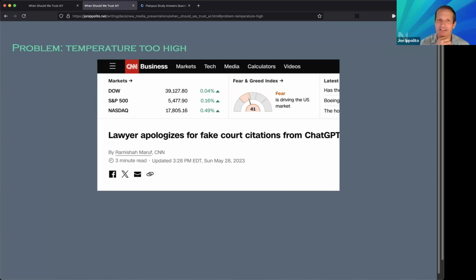It came up with 960. How do you generate a number like that, oh yes, you probably have 960 brothers and sisters. I think that was Jane Rosenzweig. Anyway, temperature being too high is clearly a problem for certain tasks, especially when you want something to be right, and legal briefs are usually supposed to be right.